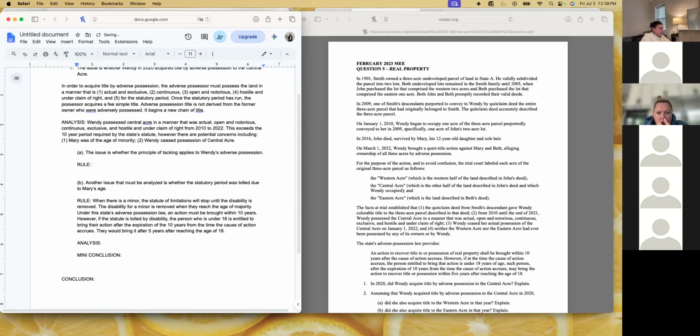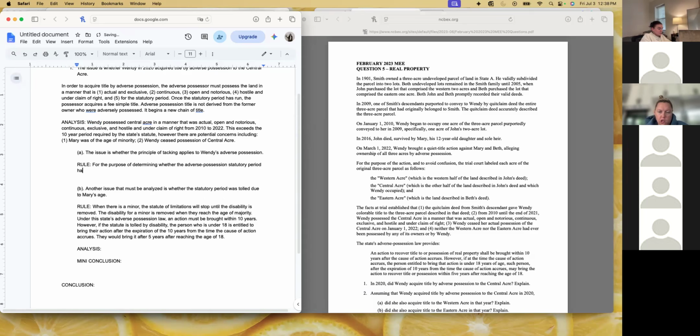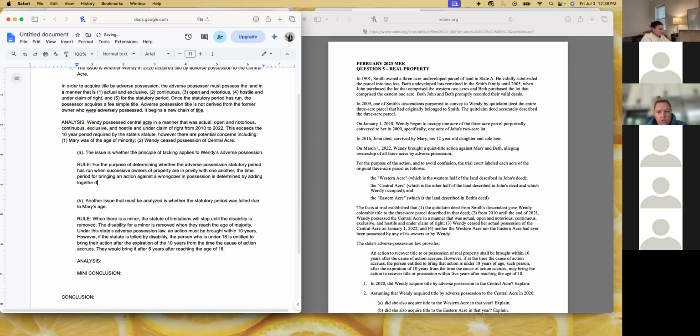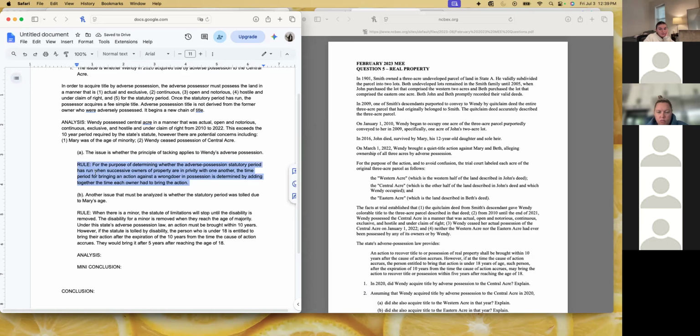So the rule here is that the time period for bringing an action against a wrongdoer in possession is determined by whether the adverse possession... So this is another rule where I would honestly plug this into your outline under the tacking aspect.